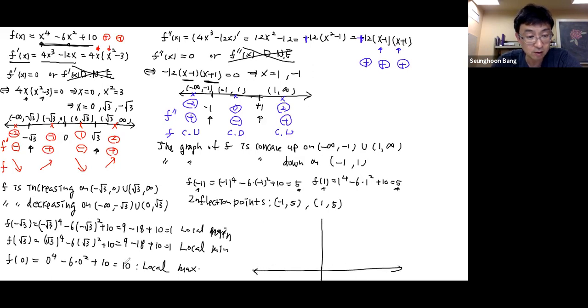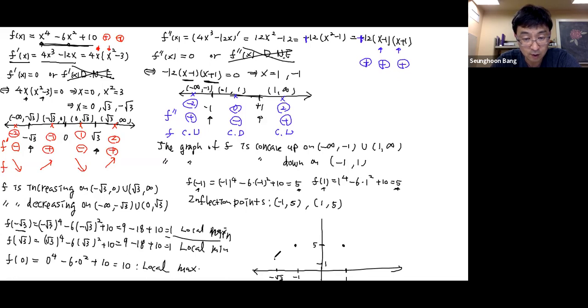You can plot the inflection points: minus 1, 5, and 1, 5. You can plot the local minimum: negative root 3 and 1.